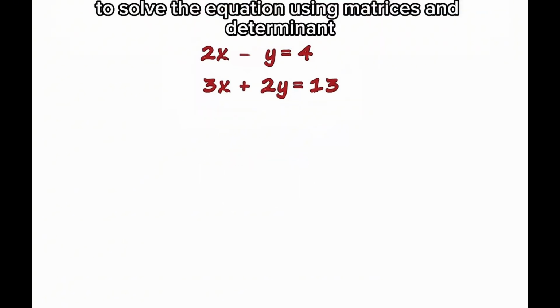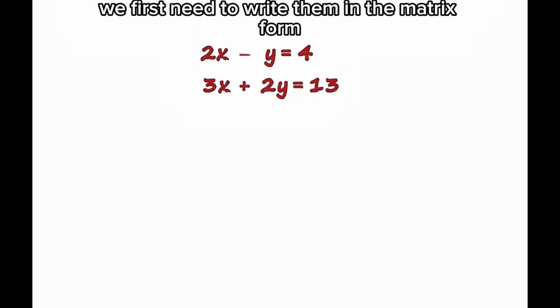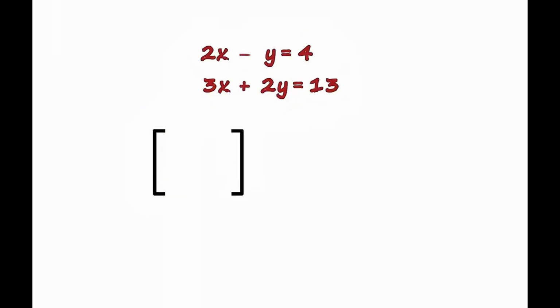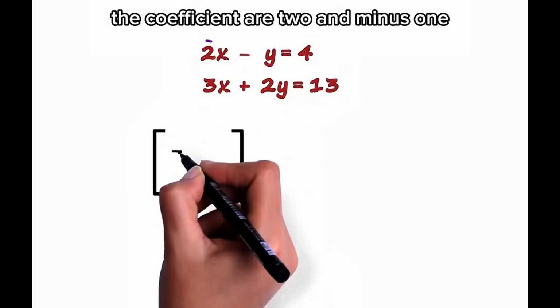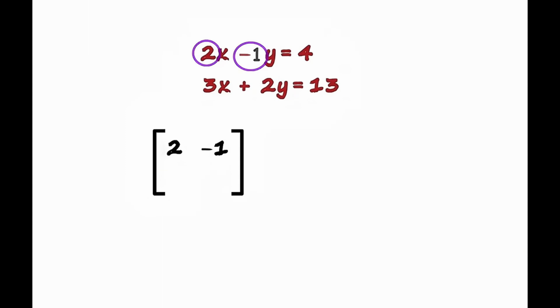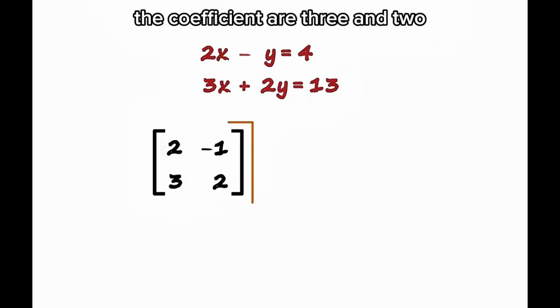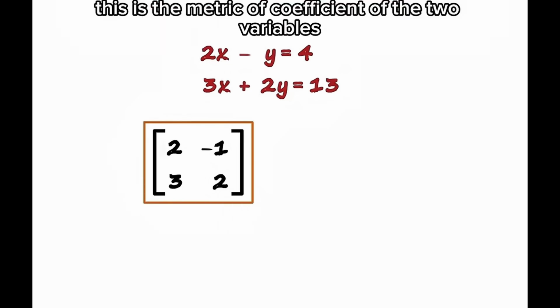To solve the equations using matrices and determinants, we first need to write them in the matrix form. So we first write the matrix of the coefficients. For the first equation, the coefficients are 2 and minus 1. And for the second, the coefficients are 3 and 2. This is the matrix of coefficients of the two variables.